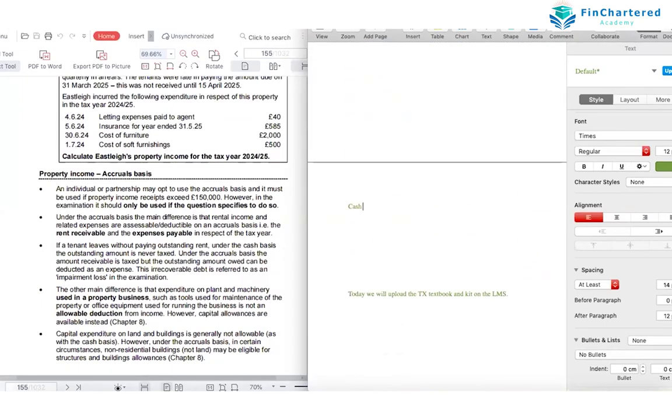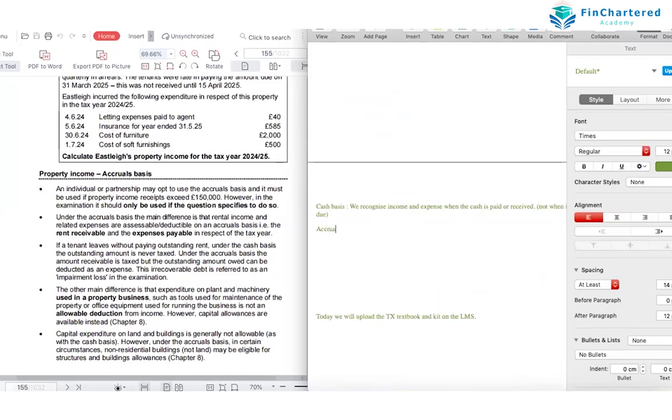See, in cash basis, we recognize income and expense depending on the cash flow, basically when the cash is paid or received, not when it is due.